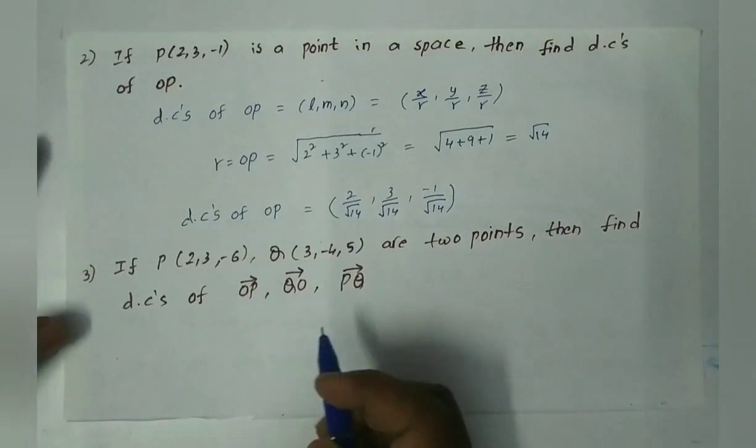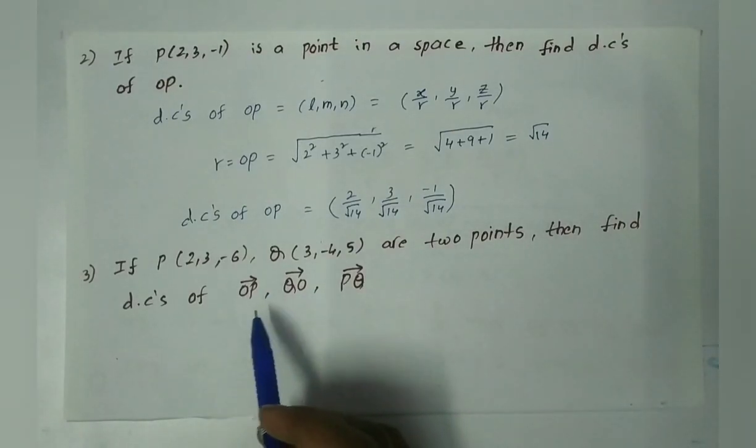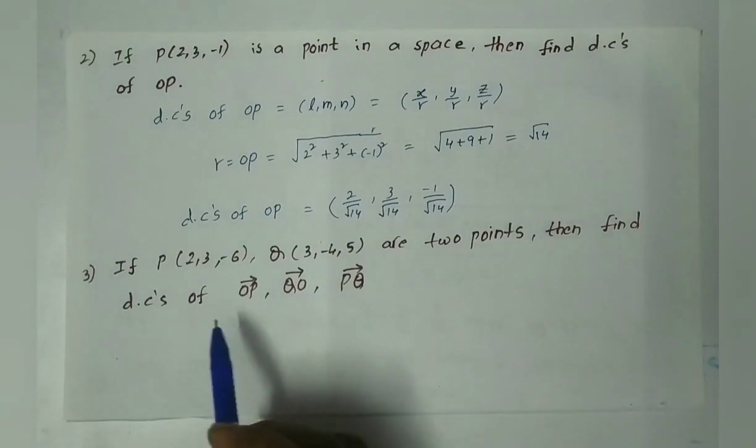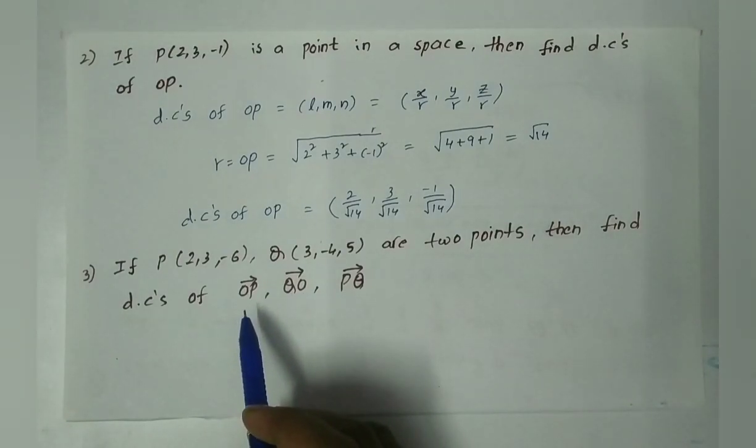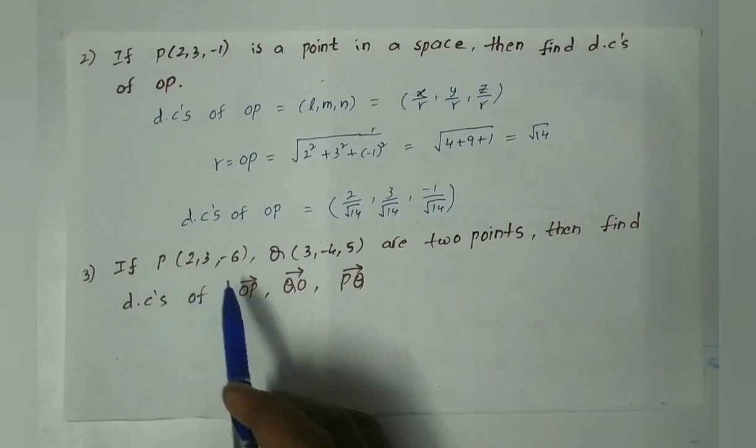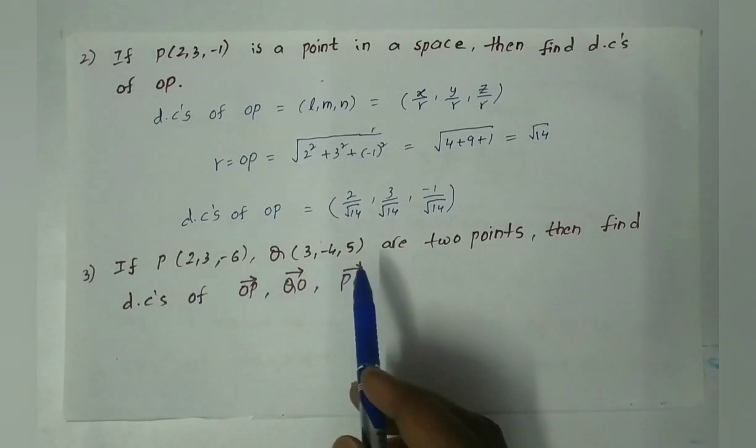So now let us find the direction cosines of OP, QO, PQ where the point O is the origin and the point P is (2, 3, minus 6), Q is (3, minus 4, minus 5).